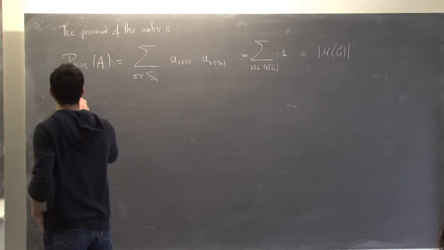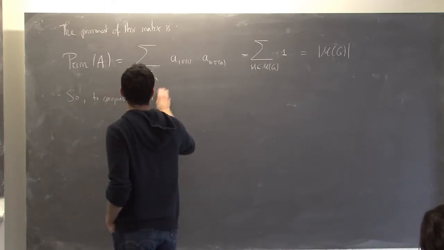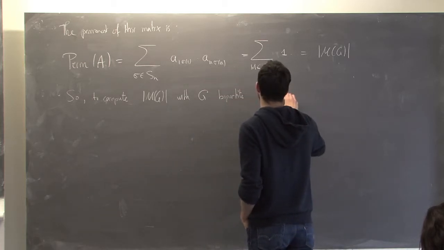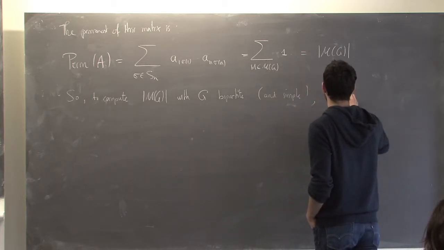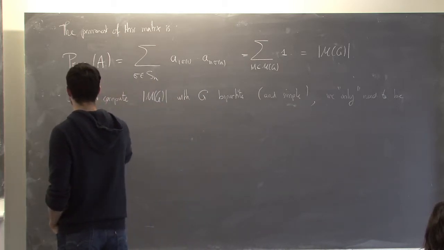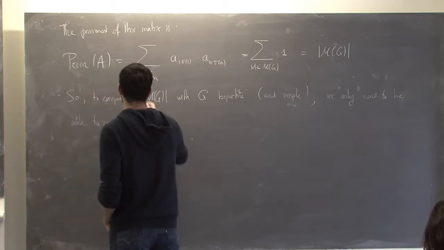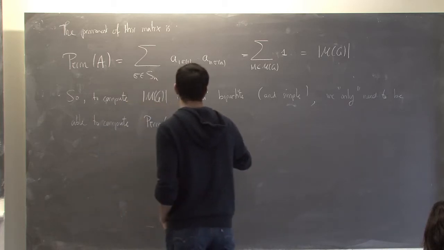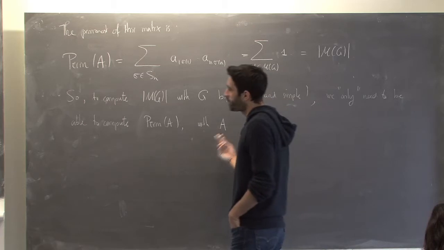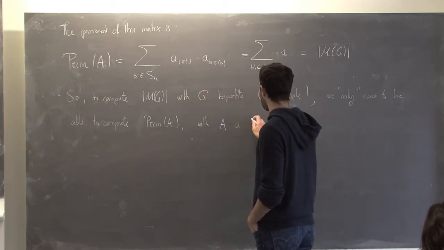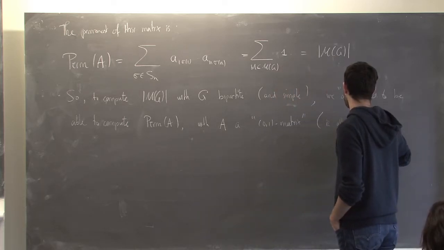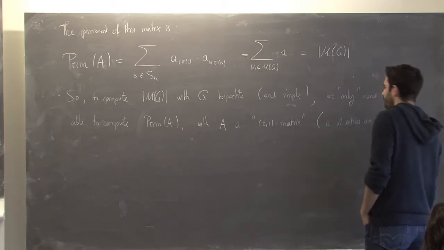So to compute the number of perfect matchings with G bipartite, and let's say simple, we only need to be able to compute efficiently the permanent of a matrix A, which, if the graph is simple, has only entries 0s and 1s, a so-called 0-1 matrix, i.e. all entries are 0s and 1s.